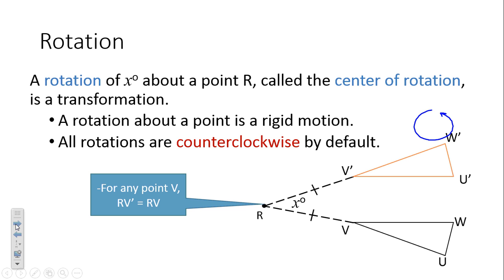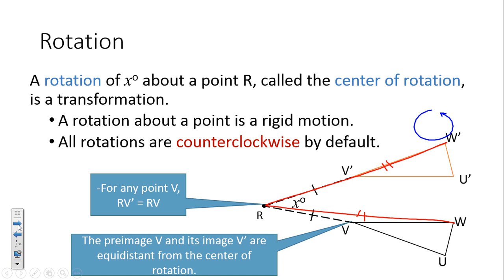So we're turning everything counterclockwise a certain amount. And the distance between r and w will be the same as the distance between r and w prime. Likewise, the pre-image of v and v prime are equal distances from that center of rotation.